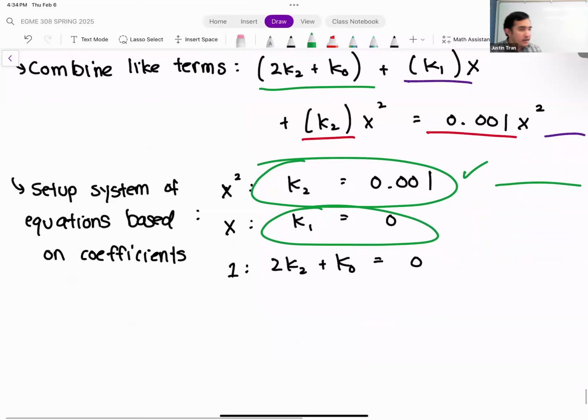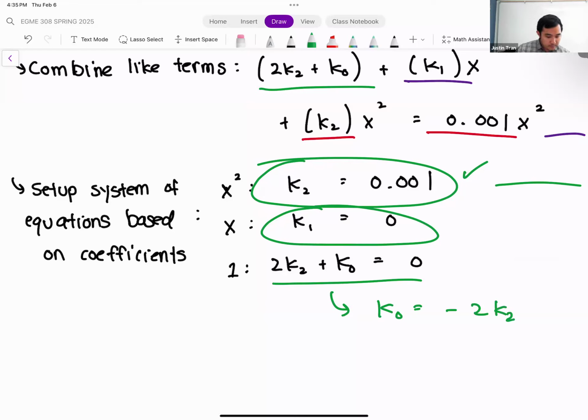But one thing that's easy to miss is that K0 is actually going to be non-zero. Because if you look at this last equation, we can solve it and say that K0 is equal to minus 2K2. And we know that K2 is non-zero, so K2 is 0.001.